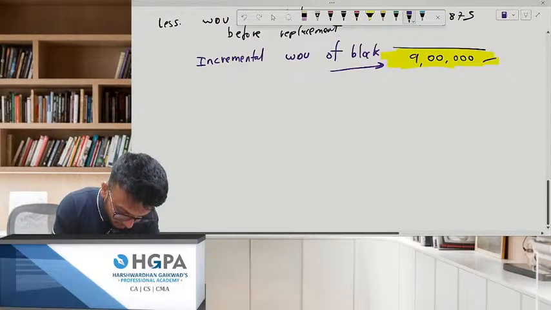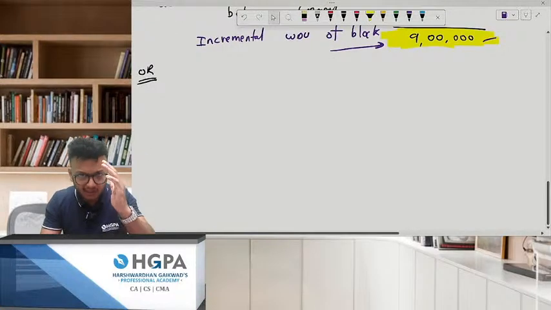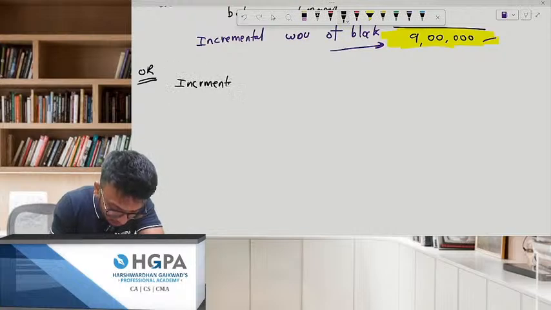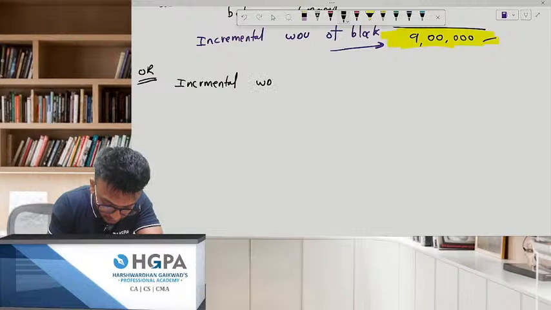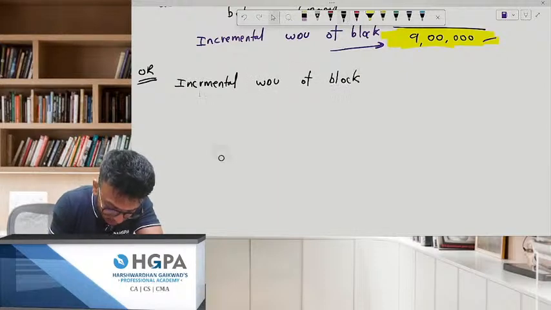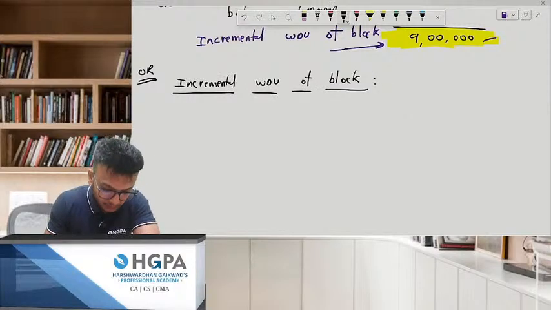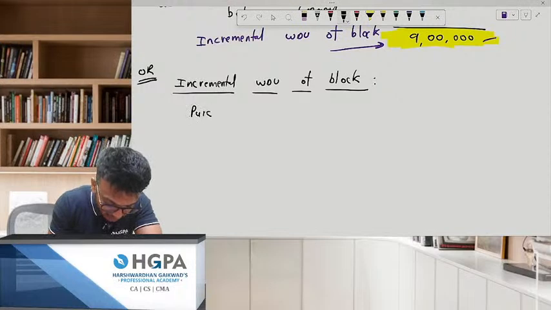Incremental WDV of the block. Cool. So simple, that same thing.